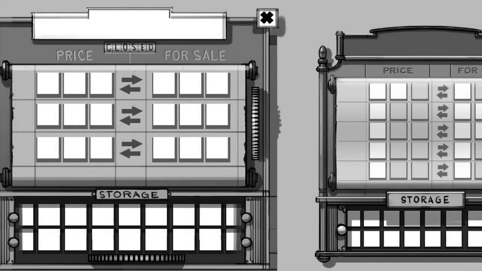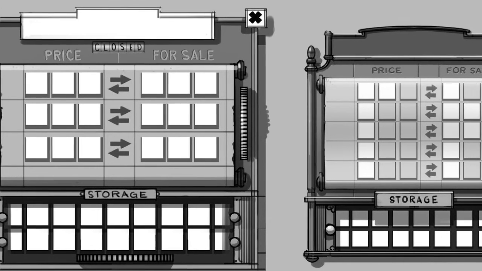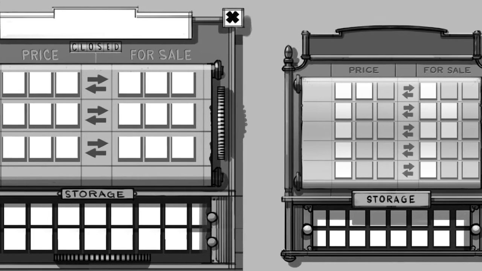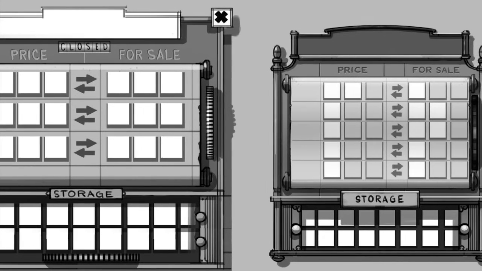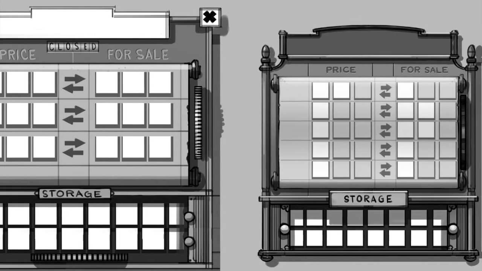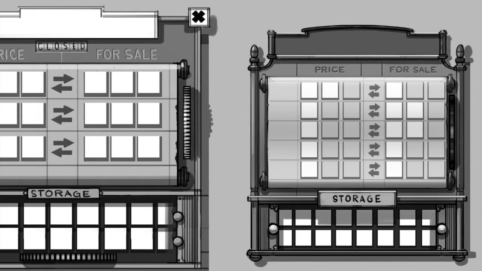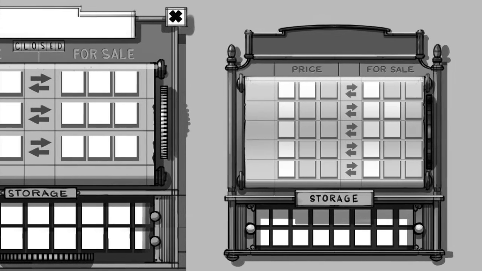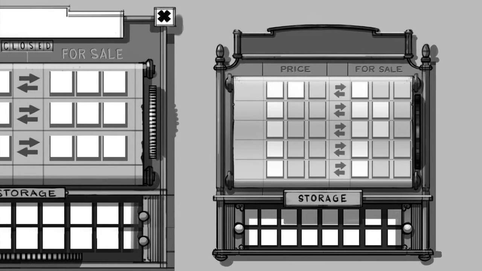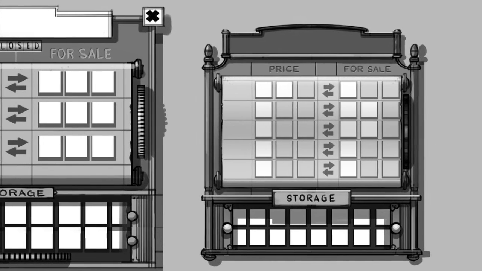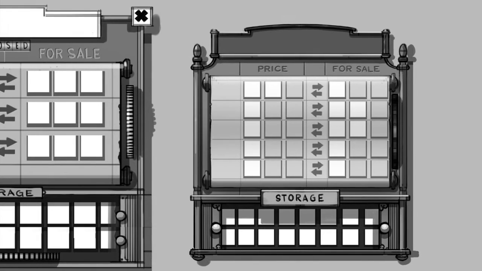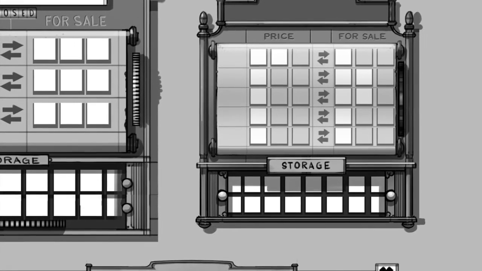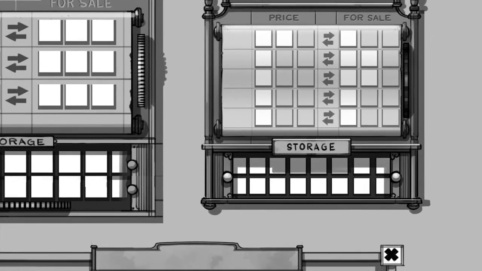It looks like it's from the seller's perspective. It kind of resembles one of those old cash registers with the sale on the top of it. I think the top right one would. That's my personal favourite as well, the top right one, because it looks a bit more stylized than the others. I mean, it all looks pretty cool. And this is just concepts. Once they get into it, I'm sure it's going to look awesome.